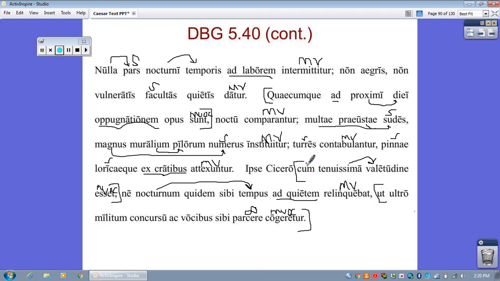And so I think one way that we should translate cum here would be although. So Cicero himself, although he was of very delicate health, not even was leaving behind the nighttime for himself to rest, so that moreover he was forced by a running together and by the voices of the soldiers to spare himself. All right, that's it.